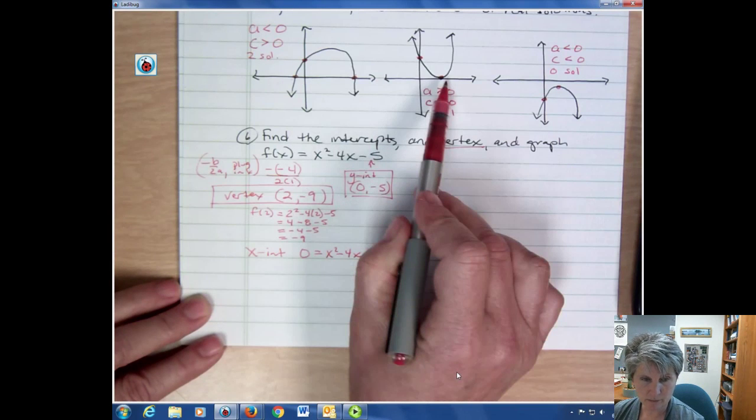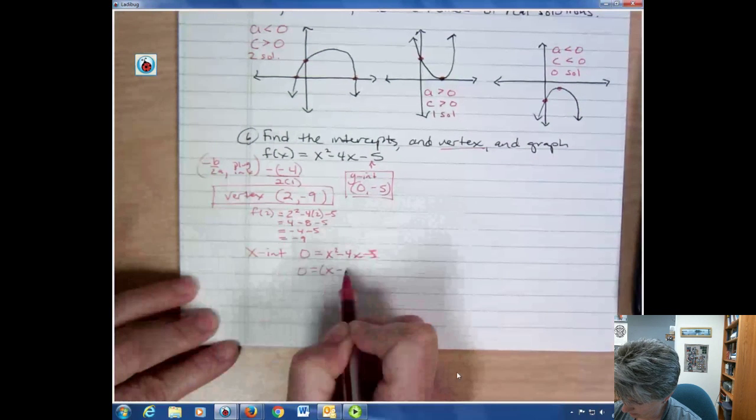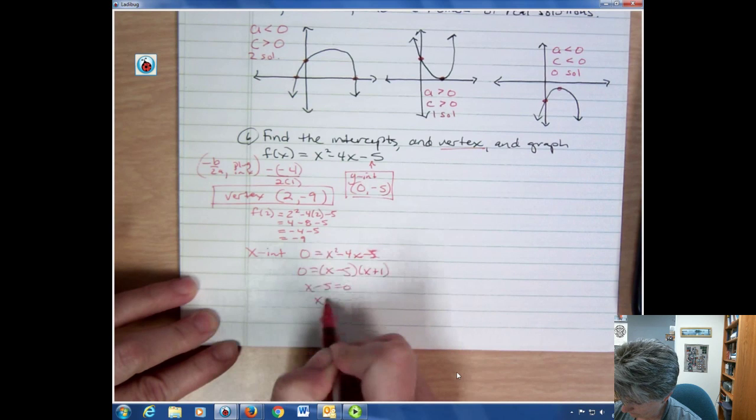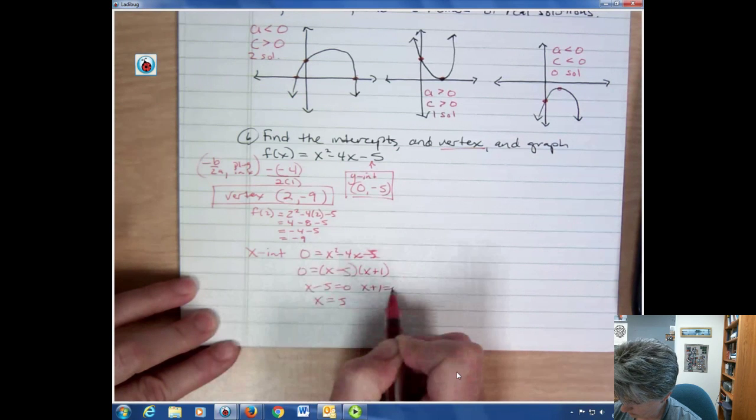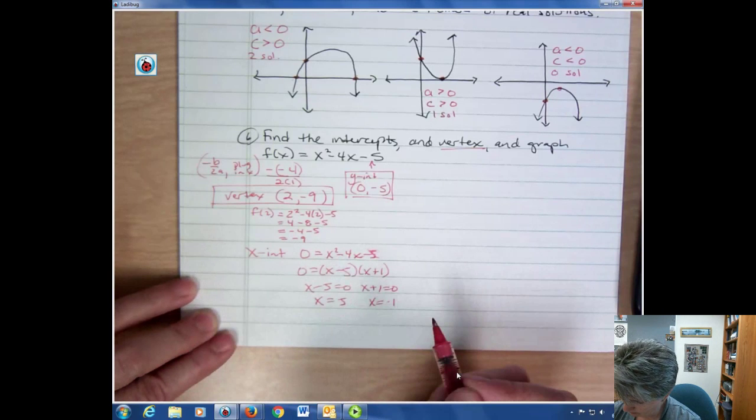Sorry, I smeared that with my hand. So I'm going to factor that, x minus 5 and x plus 1. And once I get those 2 solutions, I now have my x-intercepts.